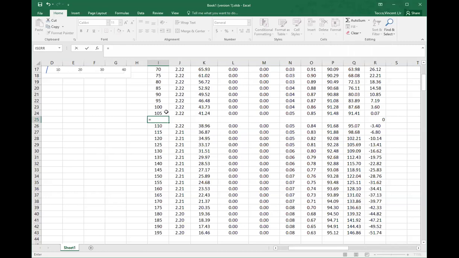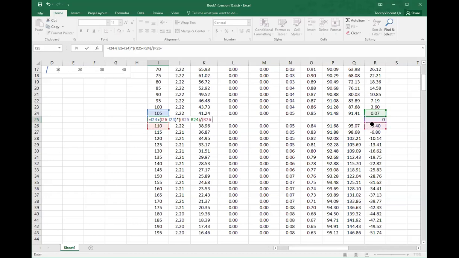So my interpolation formula is y1 plus y2 minus y1 times, this thing is in parentheses, x minus x1 divided by x2 minus x1.